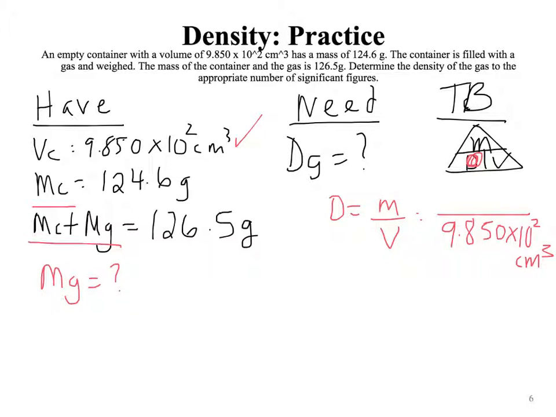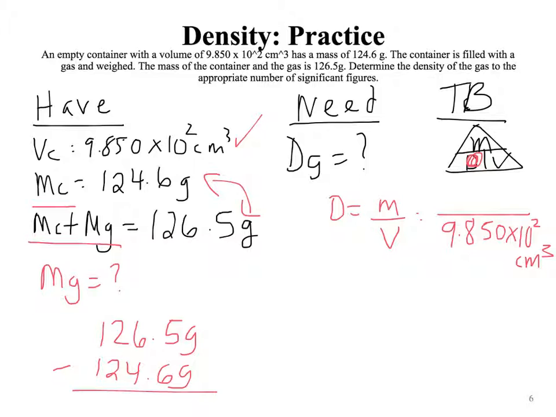And for the mass of the gas, we have the mass of the container plus the mass of the gas combined, so if I subtract these two numbers, I'll end up with the mass of my gas. So if I do 126.5 grams minus 124.6 grams, I end up getting 1.9. Remember, the appropriate amount is sig figs.